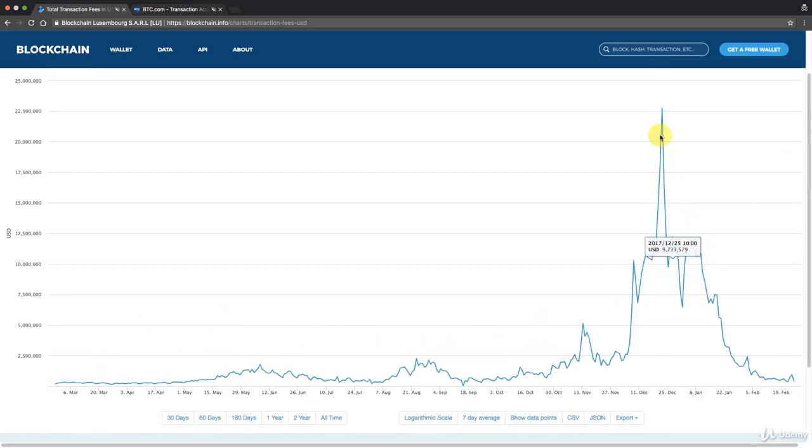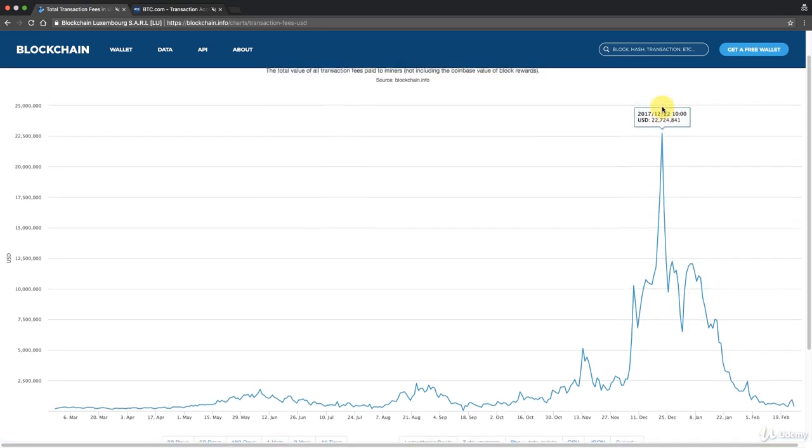Wow. You can see here in December 2017, the miners earned $22 million in fees in one day. How crazy is that? And just recently, yesterday, they earned $400,000 in fees.